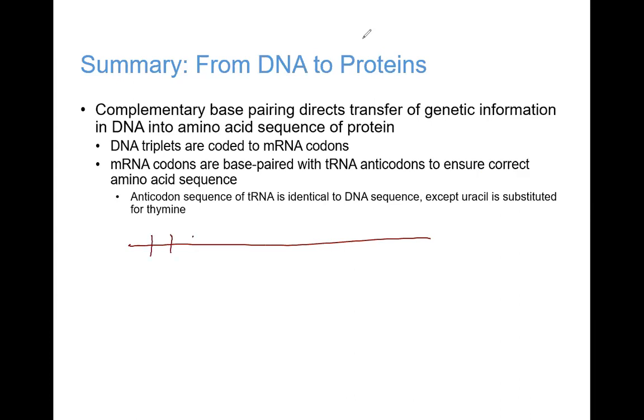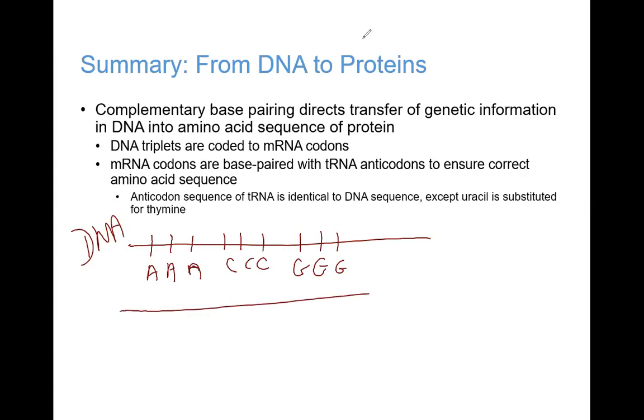Let's just say we have a triplet on the DNA. I want to keep it real simple. And we're going to copy this triplet onto messenger RNA.